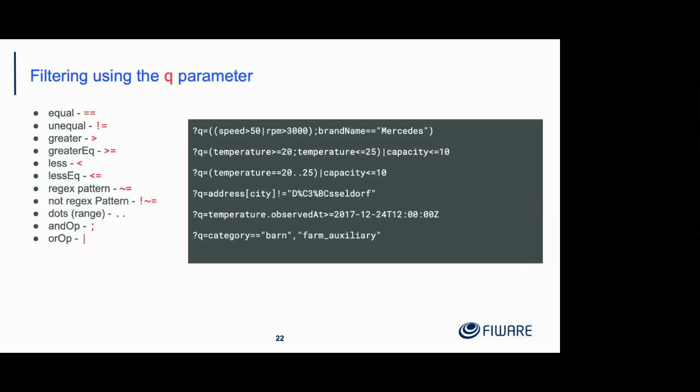You can make queries on sub-attributes of a value. So again, if you've got an address and you know the address has got a city attribute, you can use that in the query.